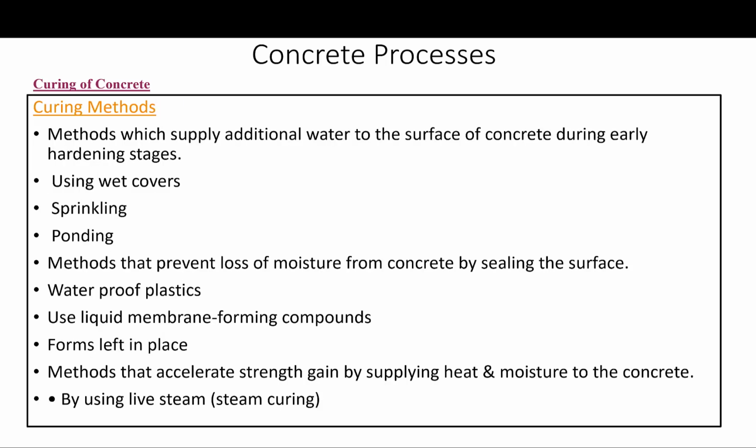So, curing methods: those which apply additional water to the surface of the concrete during early hardening stages, using wet covers, sprinkling, ponding, or other methods; those that prevent loss of moisture from concrete by sealing the surface, like waterproof plastics, or the use of liquid membrane curing compounds, or, for example, in cases like forms left in place, like the case of a column; and methods that accelerate strength gain by supplying heat and moisture to the concrete. This is mostly used in the precast process, by using live steam curing.